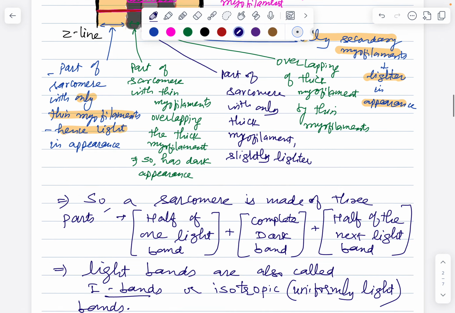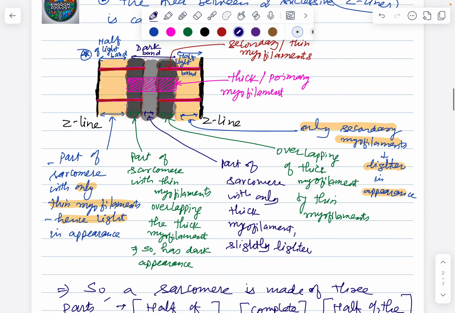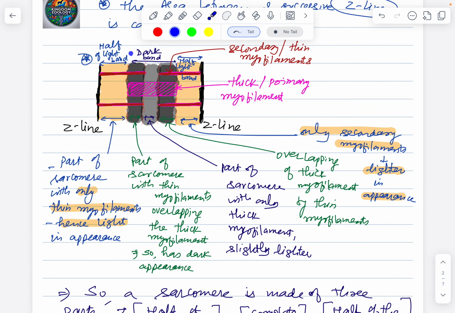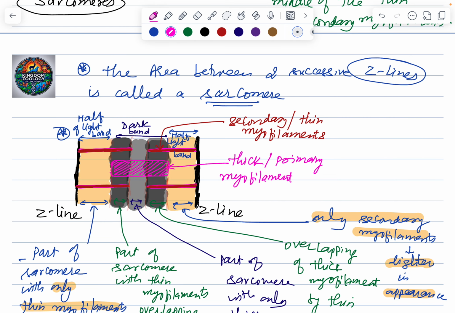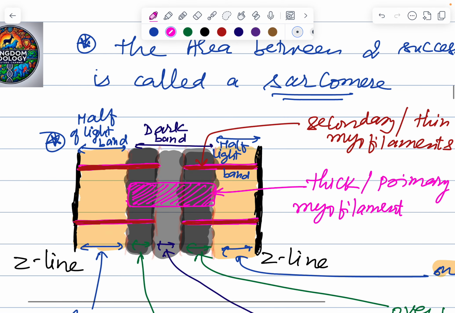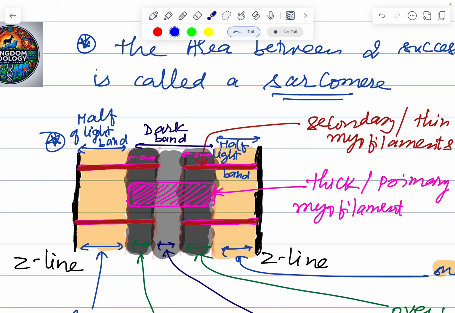What are the overlapping zones of an A band? See, look at this structure now here. This is your dark band or the A band. It has got one portion here and one portion here, the extra dark areas. The extra dark areas are also called the O bands. Why O band? Because there is overlapping here. O stands for overlapping.